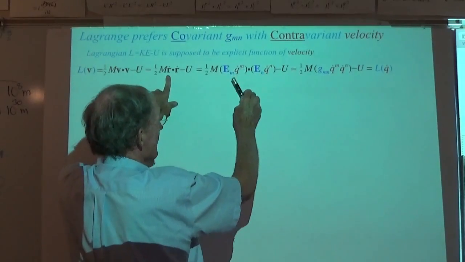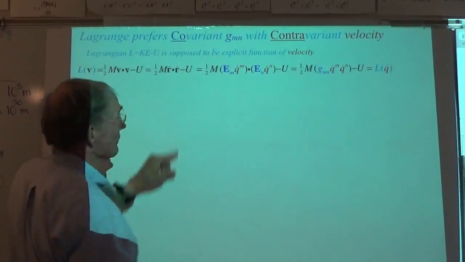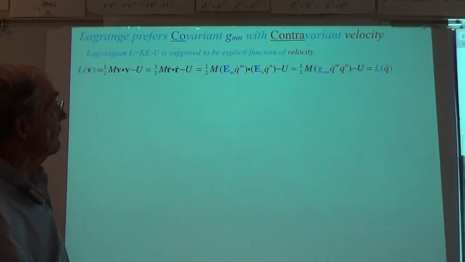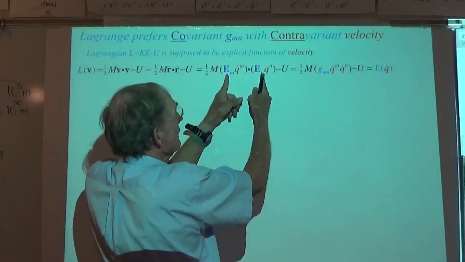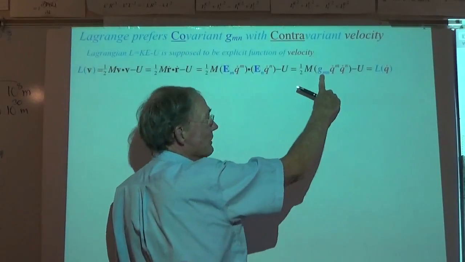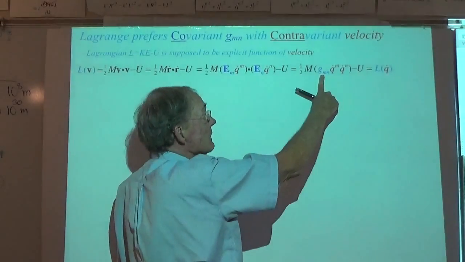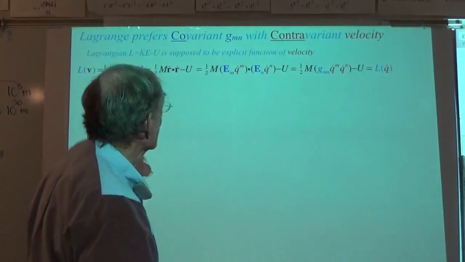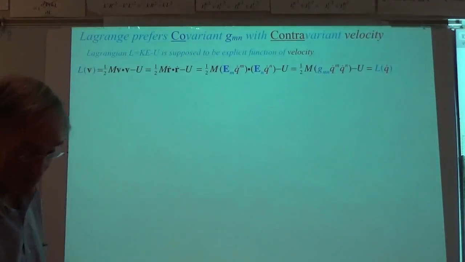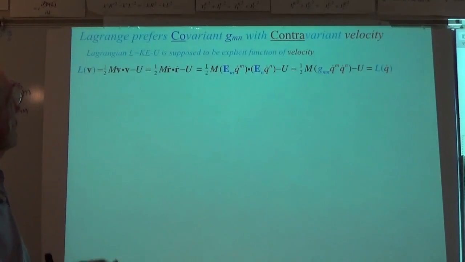So r and phi are being summed over there. And the e_m dot e_n goes right away to make your metric tensor. And then there's the q dots that are left over from that. So that's really all that's going on there. That's writing a metric relation for the Lagrangian.